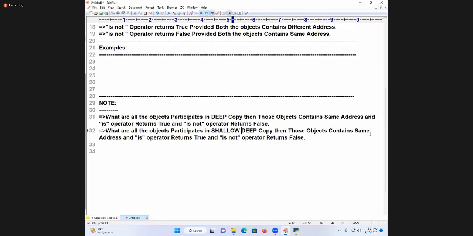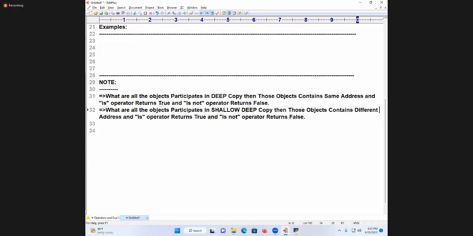Then those objects contain a different address, and the is operator returns false. And next, the is not operator returns true.